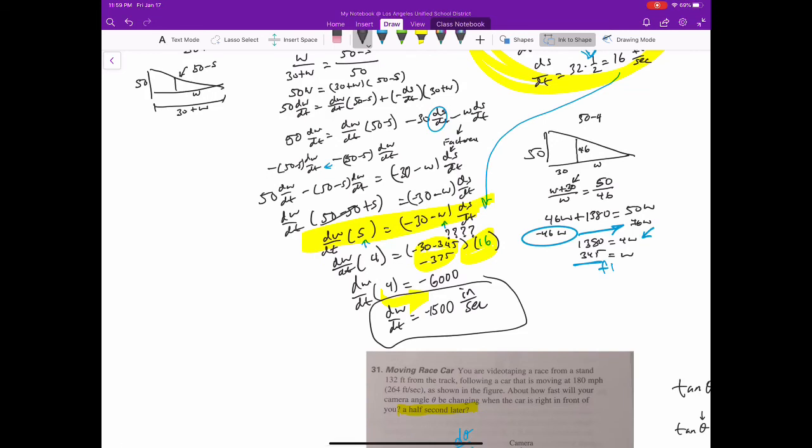And that's going to be not inches. This is the part where I messed up. Feet, because our units have been in feet per second, which is kind of fast. Okay. All right. Hopefully that's helpful.